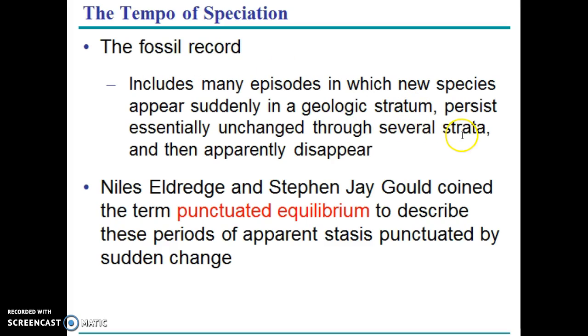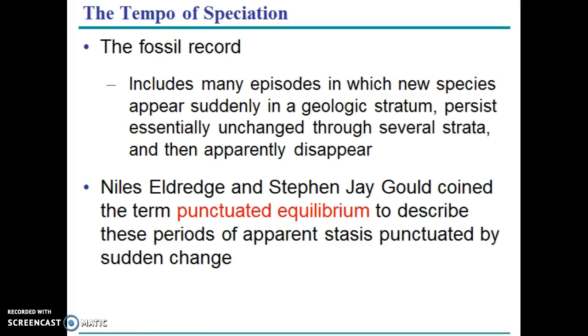Fossils are found in layers of strata, layers of rock that change and show us how the planet has changed over the course of time. And very often we'll see one organism present in a deep layer of strata, and then it's there for several layers of rock on top of it, indicating that that organism had been around for quite some time. And then just like that, the organism is completely gone in one layer of strata and never seen again.